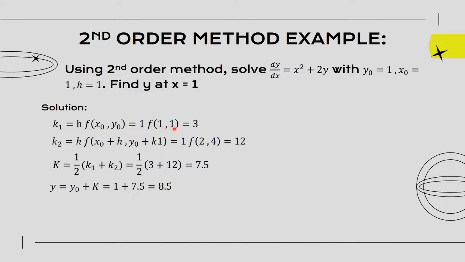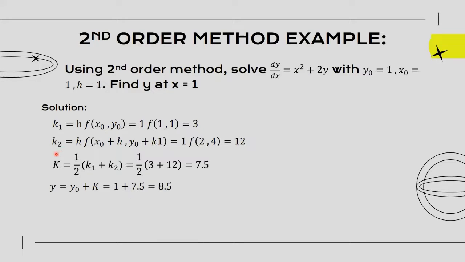This 1 and 1 represents the x value and y value. Substitute it into the ODE, which is x squared plus 2y. We get 1 squared plus 2 times 1 equals 3, times 1. So the value of k1 is 3.